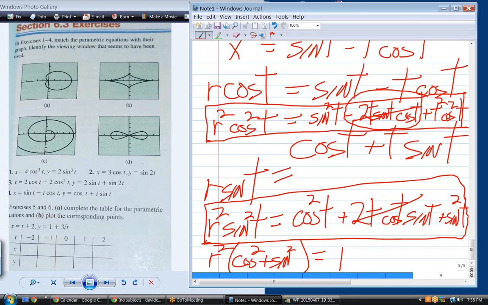This thing up here is plus sine squared of t plus t squared cosine squared of t.